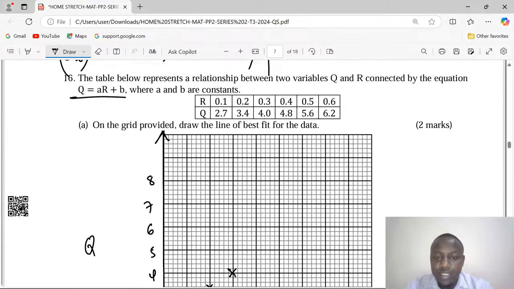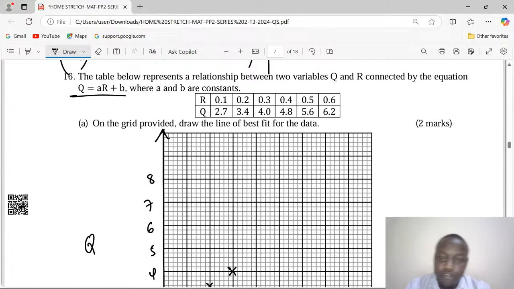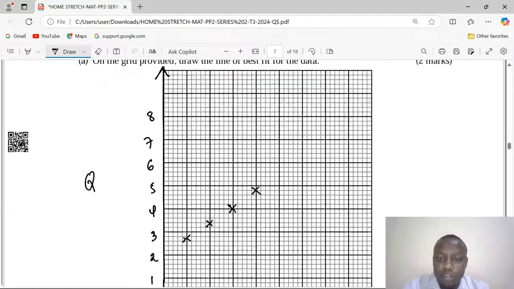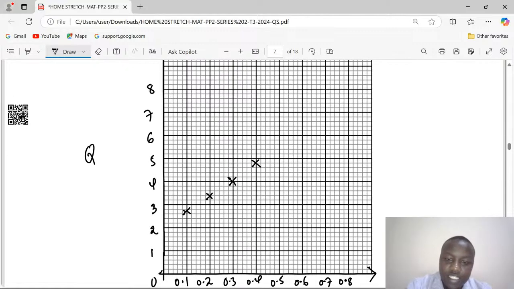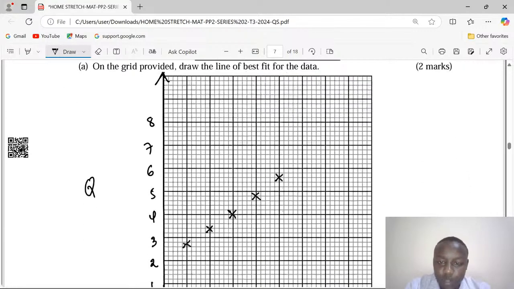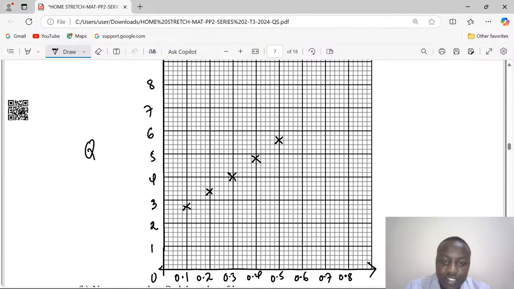The other one is 0.4, 4.8, shall be there. The other one is 0.5, 5.6. That one shall be there. The other one is 0.6, 6.2. So 6.2 is a coordinate at this point.